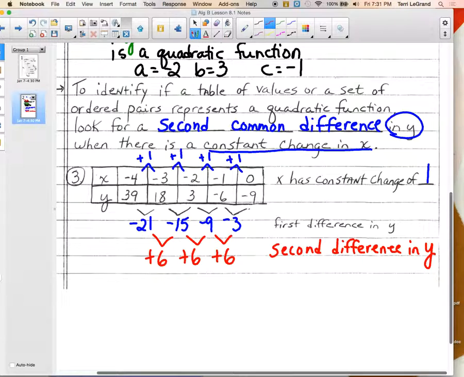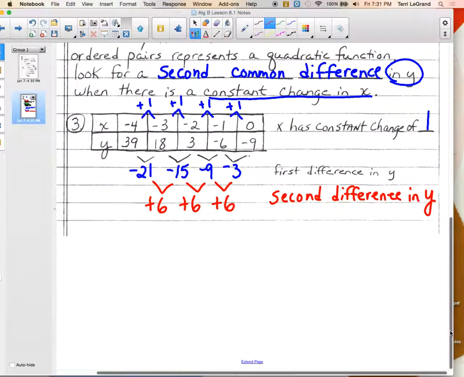So that second row here now, I want you to identify that as the second difference in y. And now, remember what it said. It says we're going to look for a common second difference in y when there's a constant change in x. So we have a common second difference, so we're going to say it is a quadratic function.